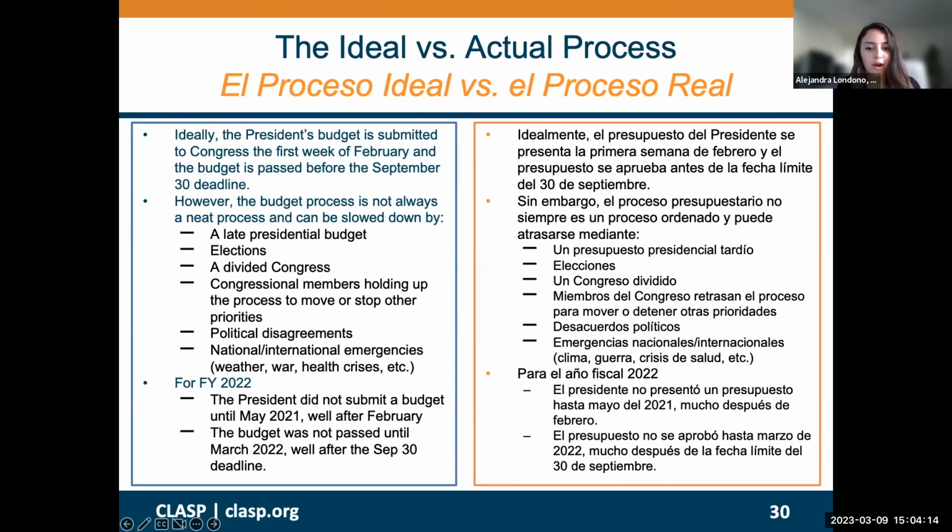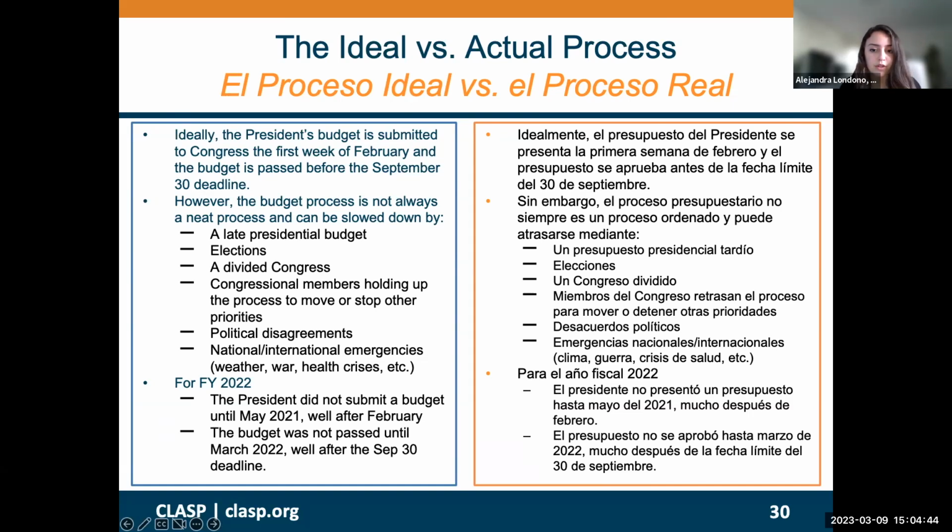However, the budget process is not always a neat process and can be slowed down by a late presidential budget, elections, a divided Congress, congressional members holding up the process or stopping for other priorities, political disagreements, or a national or international emergency such as weather, war, or health crisis.